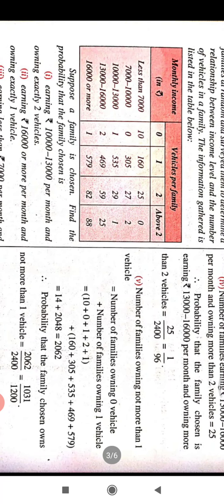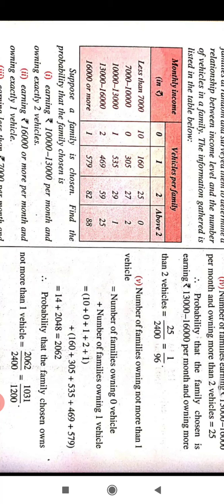Now number five, number of families owning not more than one vehicle. Not more than one vehicle means 0 vehicles and 1 vehicle. So we can take the addition of the 0 column and the 1 column. In the 0 column we can see 10, 0, 1, 2, 1, and in the 1 vehicle column 160, 305, 535, 469 and 579.